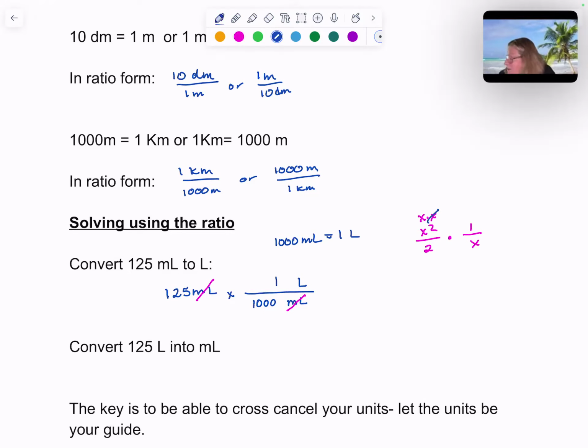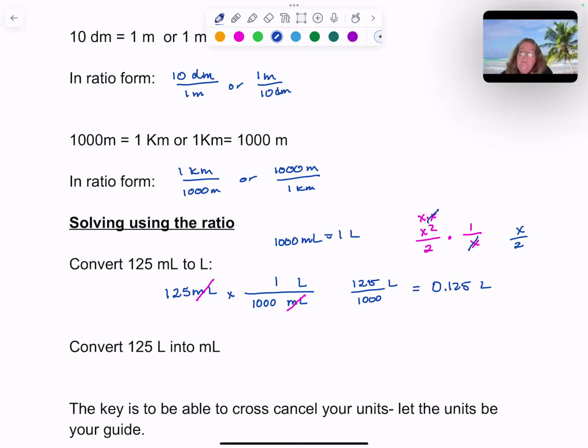We multiply across the top, and we just get x over 2 as our answer. So this is going to tell me I'm going to have 125 over 1,000, and liters is still up there. Now, when we take 125 divided by 1,000, we're going to get 0.125, and our answer is liters.